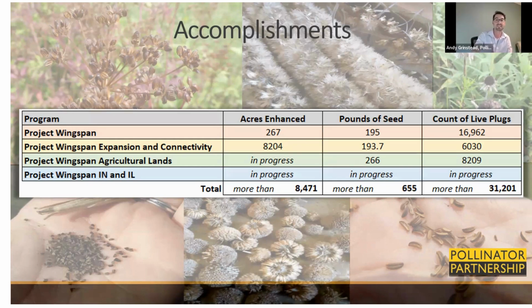Another metric is the number of people reached. So just like the number of acres that we've touched, we've reached hundreds of thousands of people. And no, I'm not misspeaking. Through our partnerships, through social media, we can track website visits and webinar engagement, through volunteer engagement, email and listserv communications, through online trainings that we host.